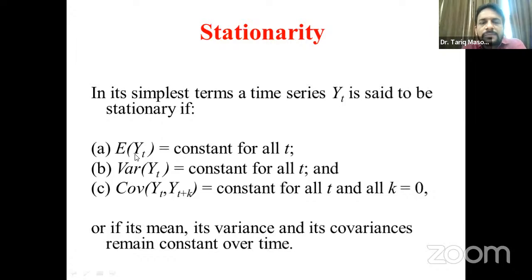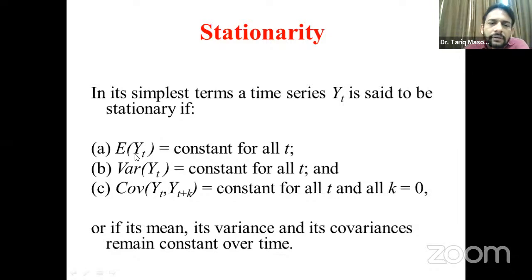The last property needed for stationarity is that the covariance between two observations, yt and any other point yt plus k, is constant for all t and all k not equal to 0.